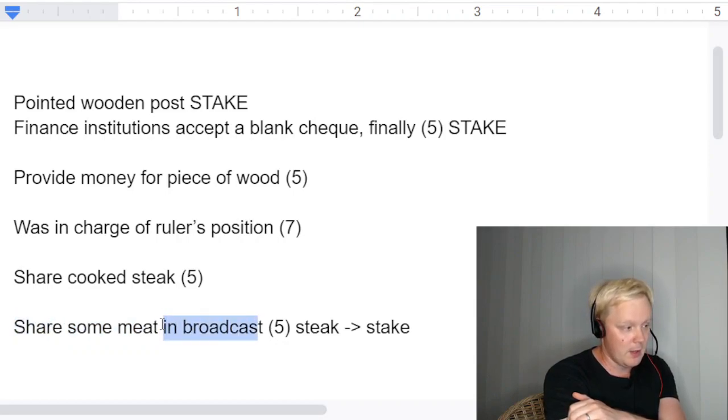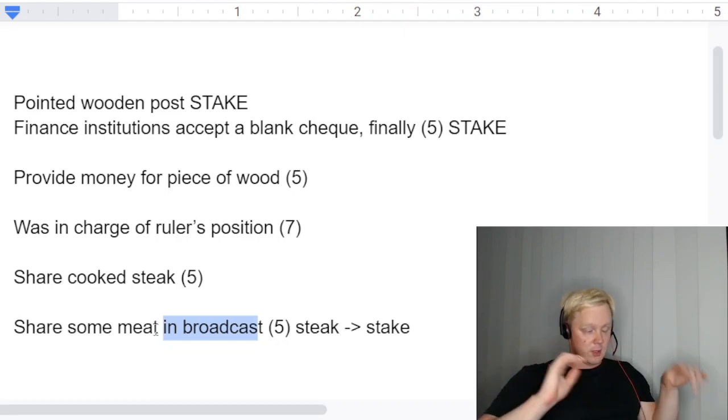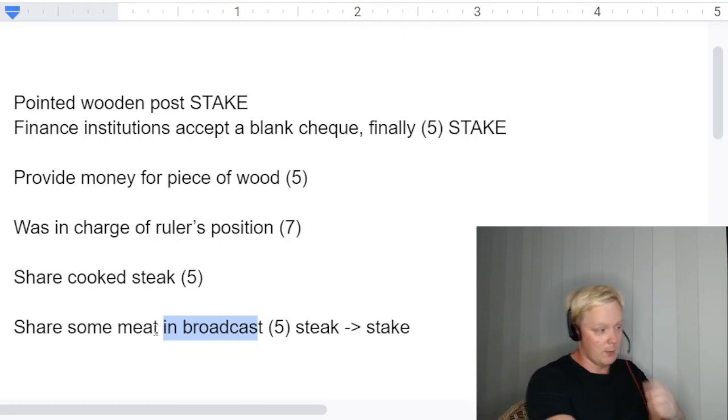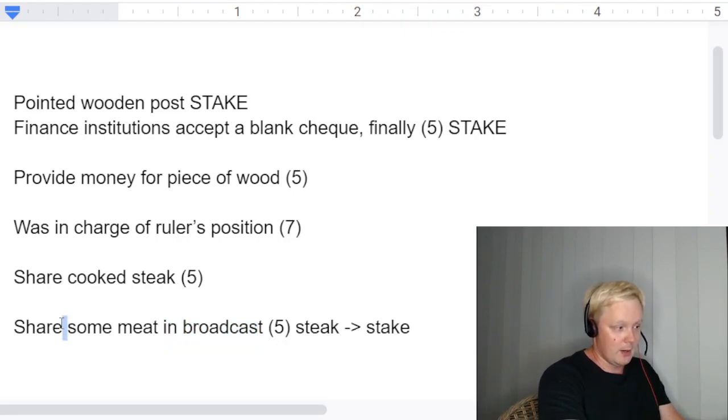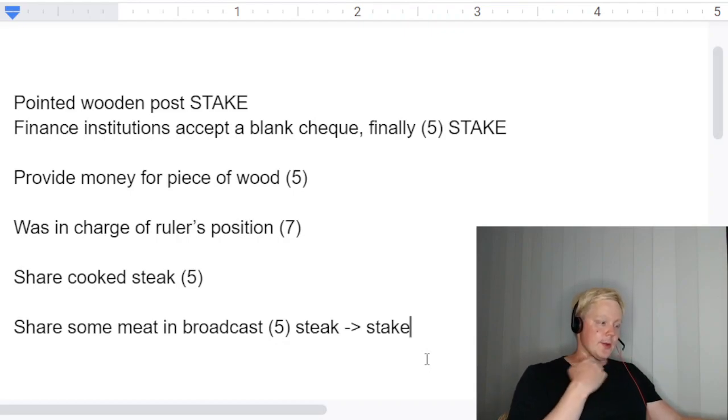You have to have some divider, one side of which is the definition, and the other side the wordplay. So here the divider should be here, and this is the definition, share, and all the rest is wordplay. So that's sound-alike clues.